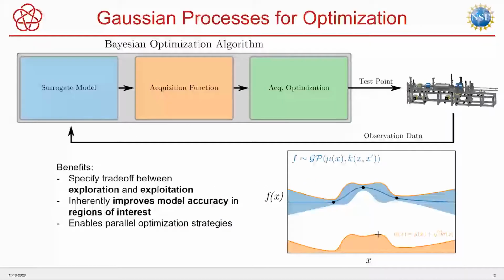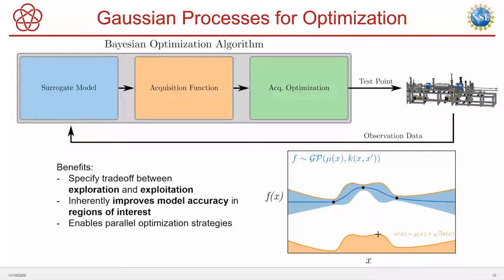The advantages from this are sizable, specifically because we are allowed to specify a trade-off between exploring our input space or exploiting certain regions of that input space to take advantage of what we imagine to be the predicted extrema of our surrogate model.